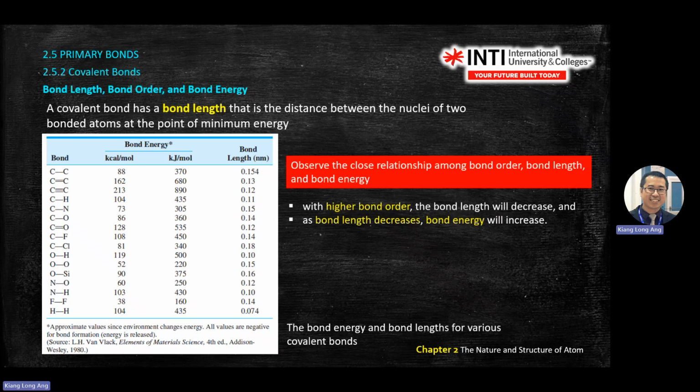The bond length decreases, then the bond energy increases. Here you look at the carbon. So as bond length decreases, the bond energy increases. Okay. You explain this using the attractive force within the nucleus.